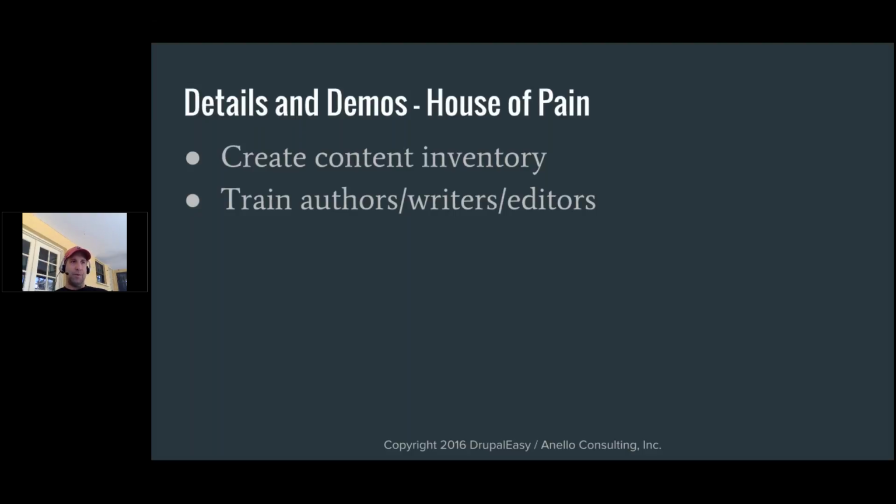And depending on what the organization looks like, maybe they're authors, maybe they're writers, maybe they're editors, maybe they're junior developers, who knows? But you've got to kind of train them on, this is where you get the content from, this is how we want to audit it and edit it, and this is where it goes on the new site. So you kind of have to teach them that manual pipeline. And then you kind of just, as a developer, you just back away and kind of let them do it.